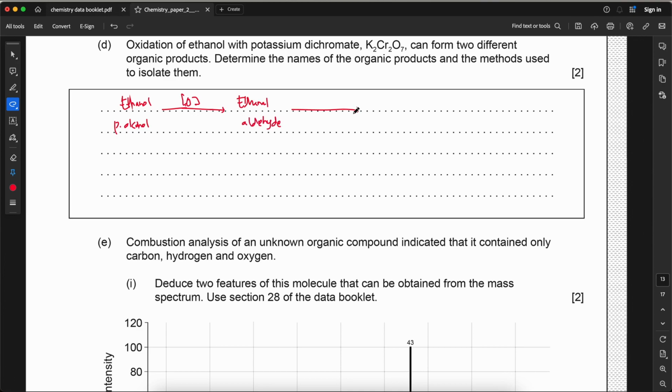And if you oxidize it again, it will produce ethanoic acid, which is a carboxylic acid. And to isolate them, for the ethanal, we do distillation, and for the ethanoic acid, we do distillation and reflux.